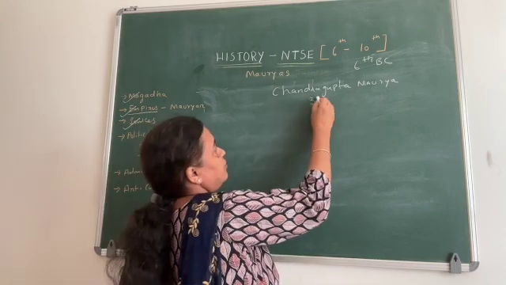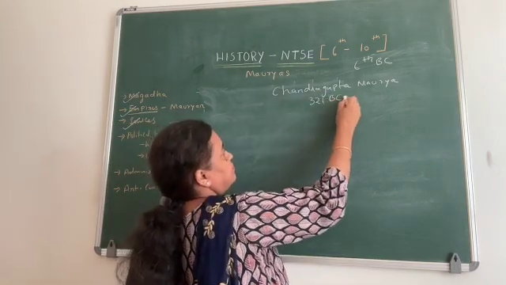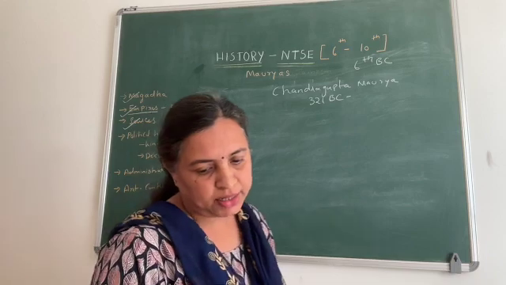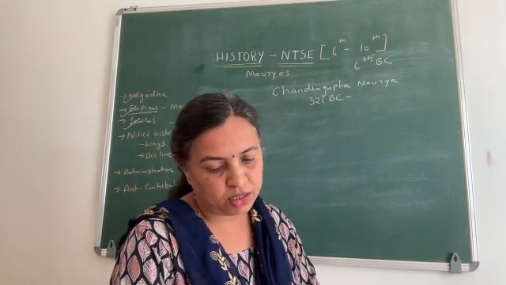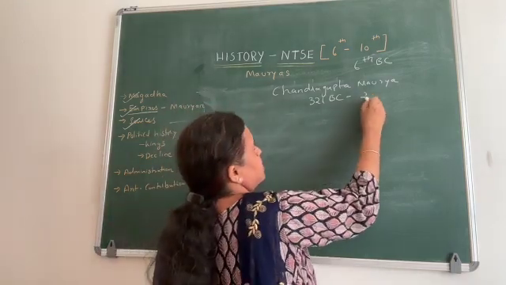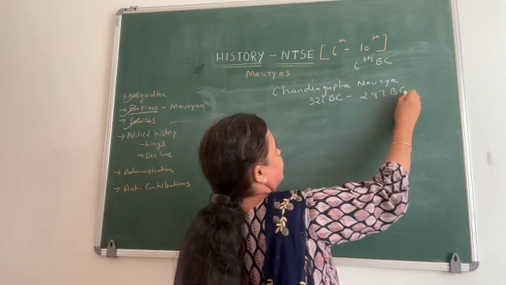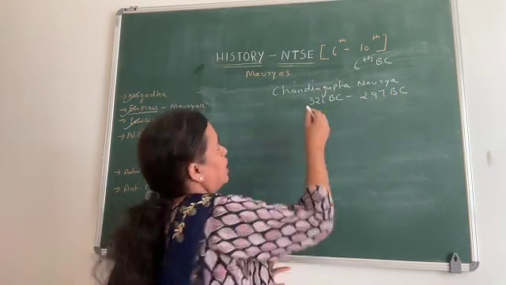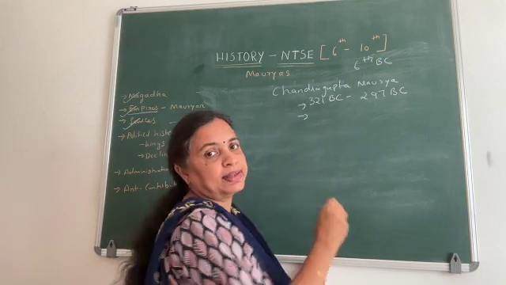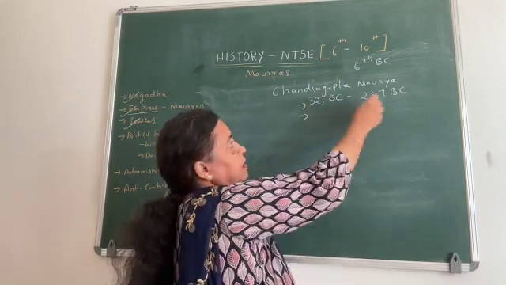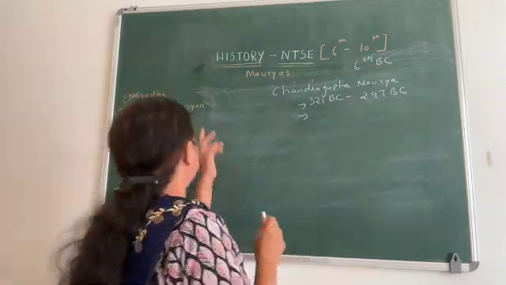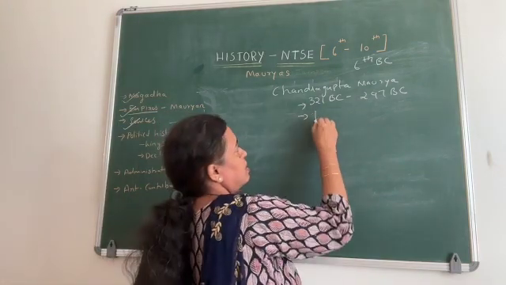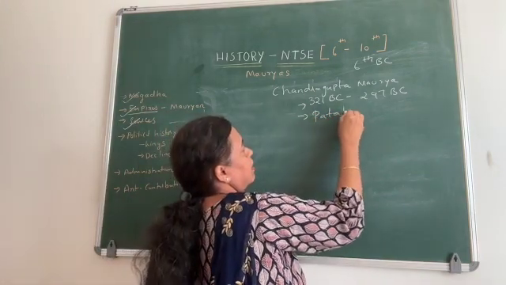So he ruled from 321 BC till 297 BC. He was the first king. He defeated the Nanda dynasty and he made a Mauryan empire. The capital was in Pataliputra.